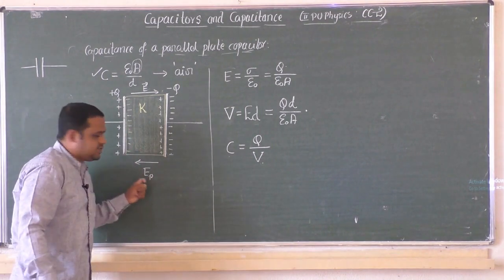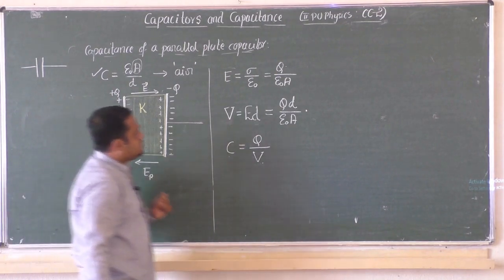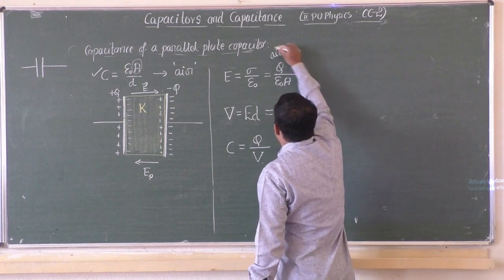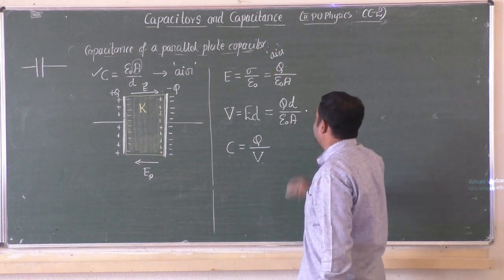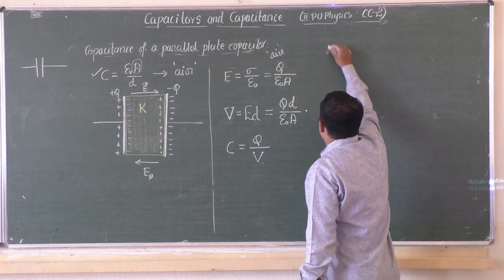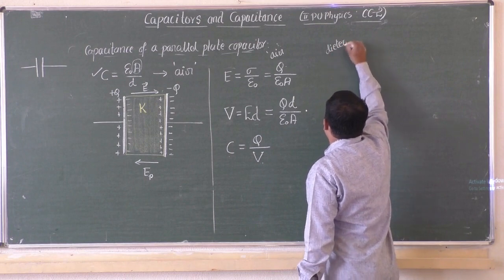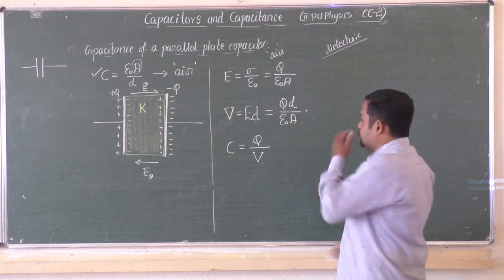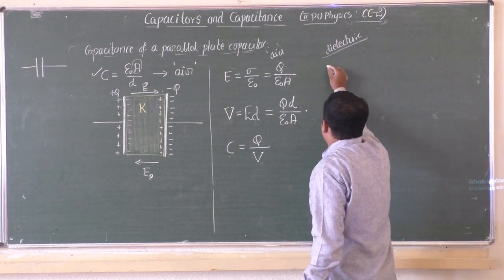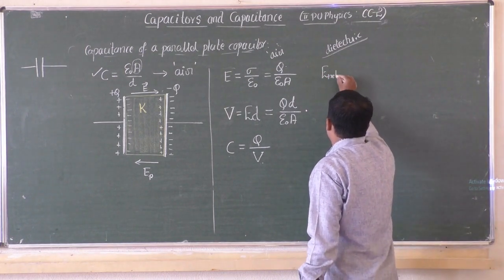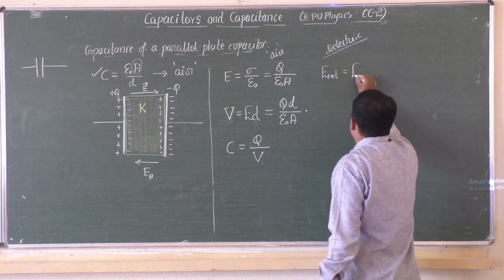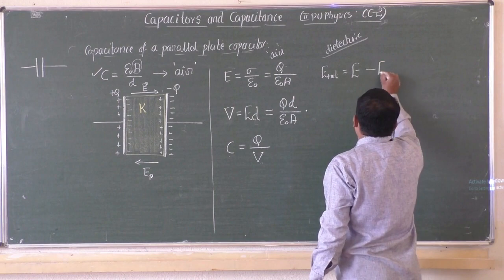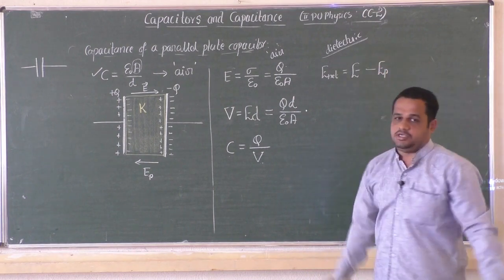What is the effect of this polarization? This is when air is used as the dielectric medium. Now here we used a dielectric medium. When a dielectric medium is used, the net electric field between the plates of the capacitor becomes the original electric field E minus the electric field produced due to polarization.